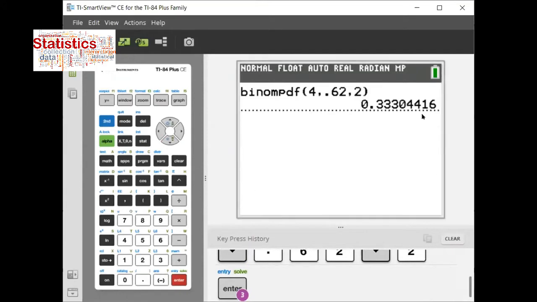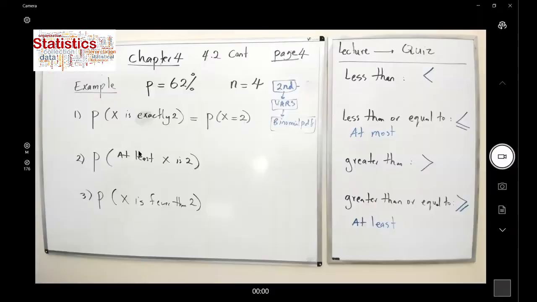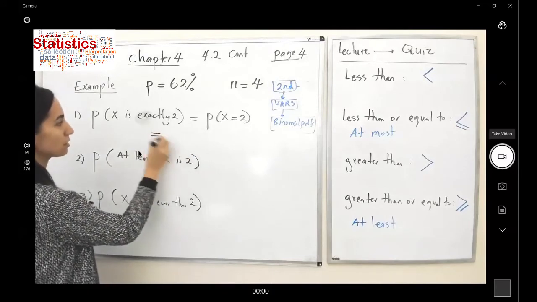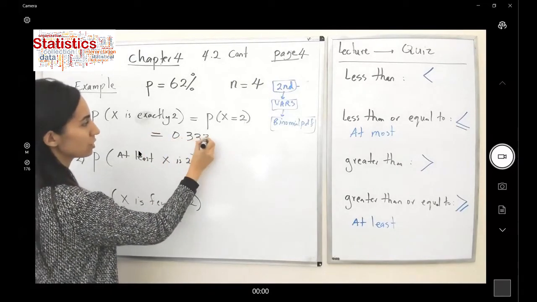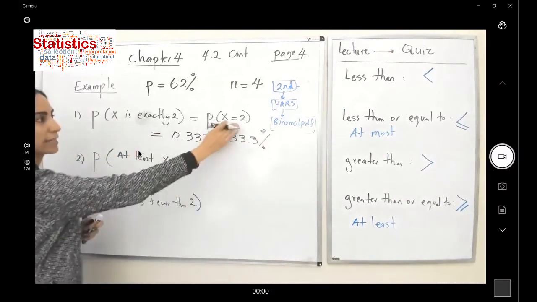So the probability is 0.3330, or 33.3%. So the first probability that we calculated is 0.333 or 33.3%. Exactly 2.